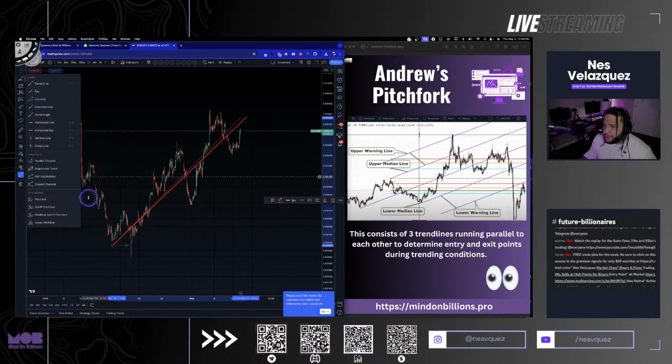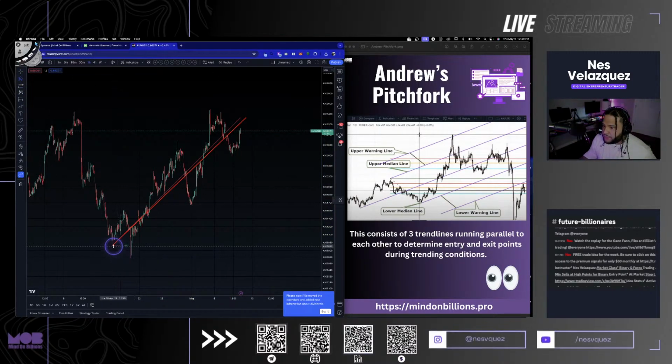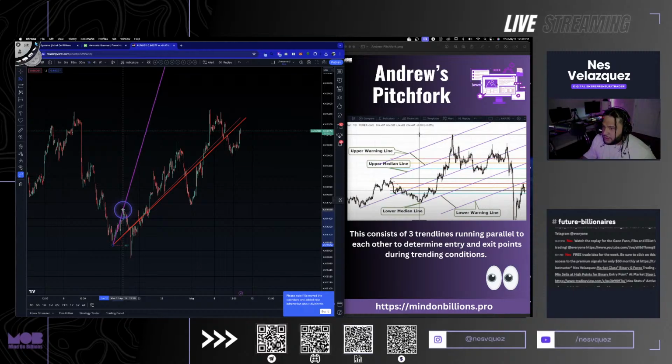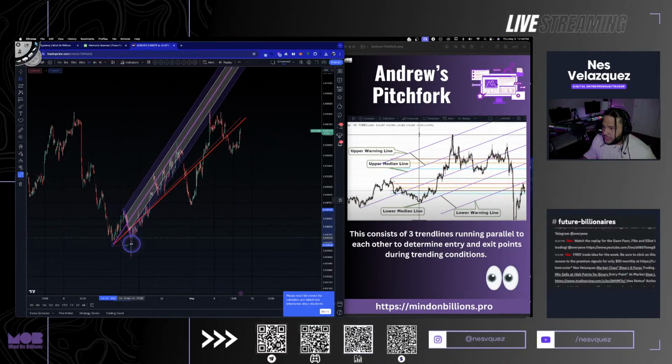And if we follow that with the pitchfork, use this as the median point right over here. All right. And then we're going to cover that high and then the low because we are looking at an uptrend. So here's a high and here's a low.